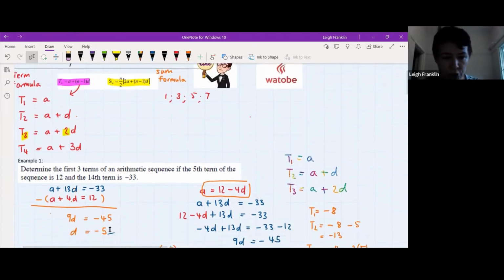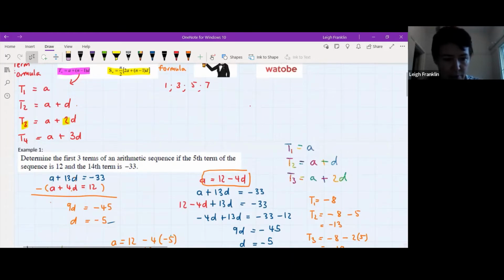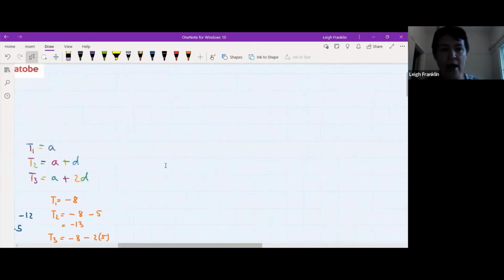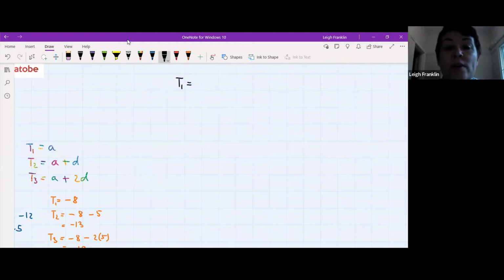Okay, so what I'm going to do is I'm just going to move over and just write over here, right? So in all arithmetic patterns, and geometric for that matter, we always refer to term 1 as A. Because our nth term of any arithmetic pattern is a plus n minus 1d, we're always going to have one less d than we do n's, all right?